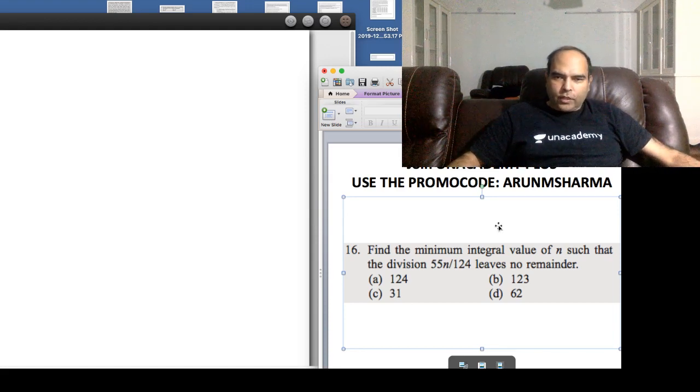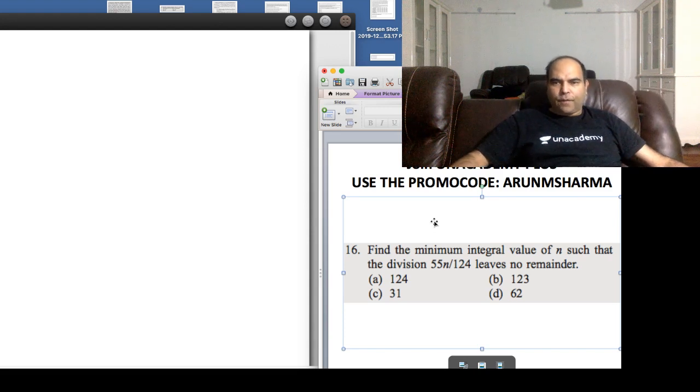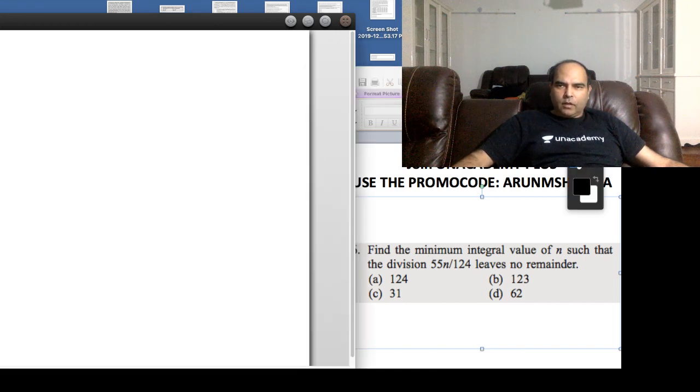So the question is talking about find the minimum integral value of n such that the division 55n divided by 124 leaves no remainder. So in this question, 55n is essentially 55 into n, and you're dividing it by 124.